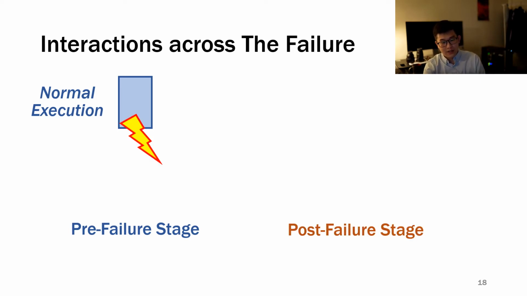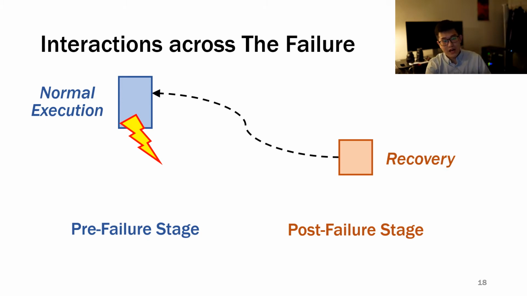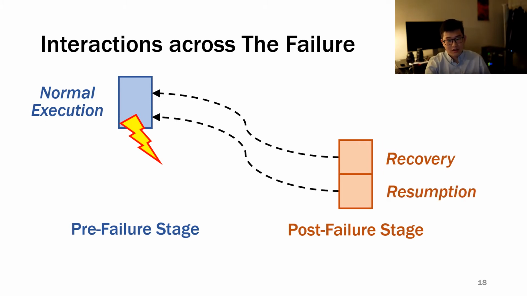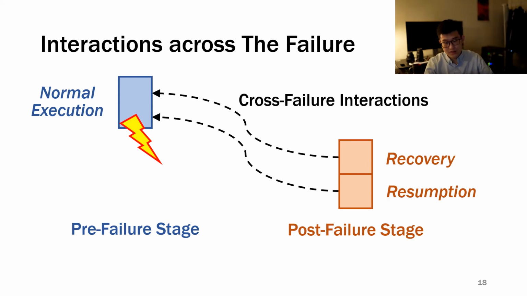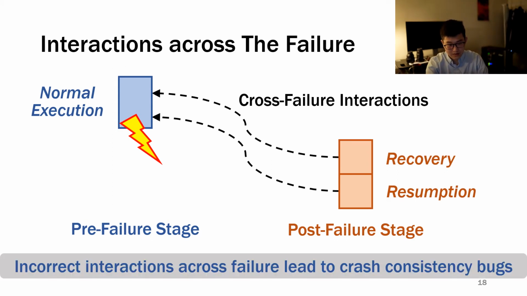After the failure, the post-failure stage will perform some recovery by accessing data that has already been logged or kept in the snapshot, and then resume the execution by continuing to insert new items into the data structure, for example. There is an interaction across the two stages, which we call cross-failure interactions. If there's an incorrect interaction across the stages, the recovery may not be correct and fail to meet the crash-consistency guarantee.